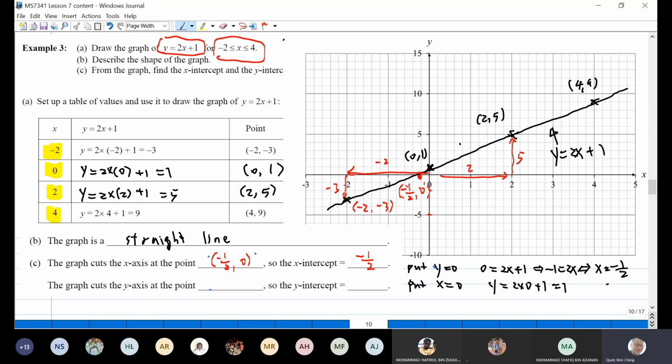So x equals 0, y equals 1, you already have the point there. So the line cuts the y-axis at x equals 0, y equals 1, and the y-intercept is actually 1.